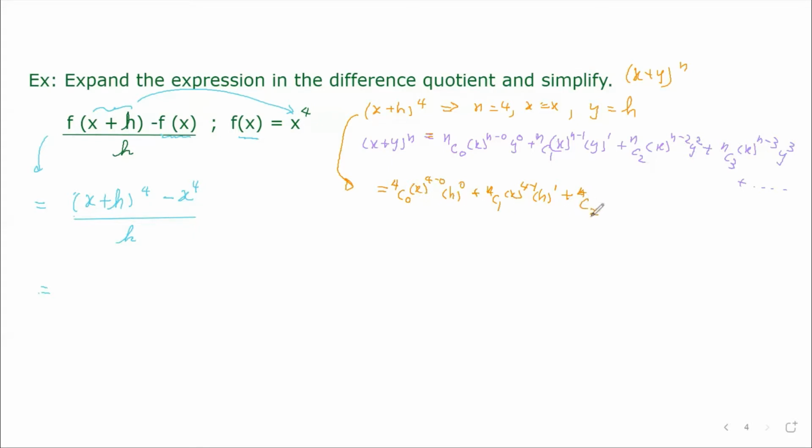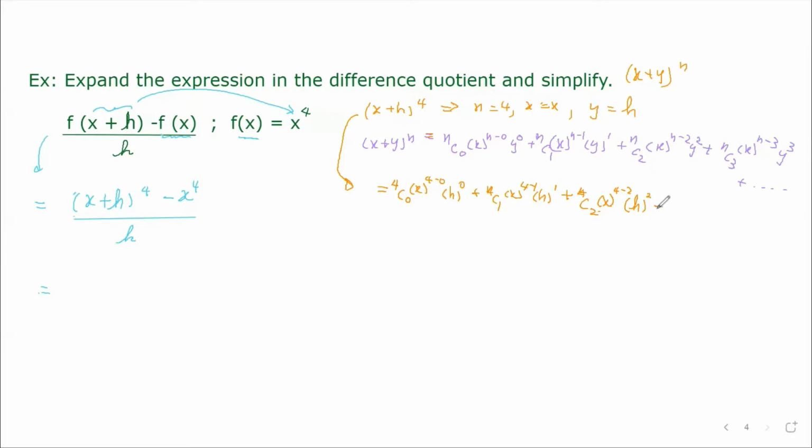Because 0, 1, 2 now, x power 4 minus 2 and y is h power 2. You see this one is power 2 and h power 1, h power 0 from here.